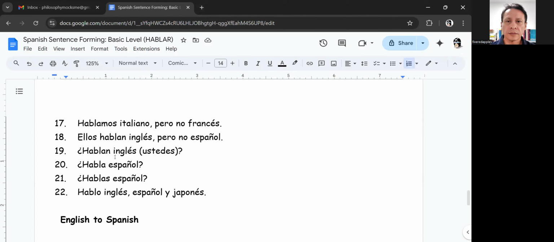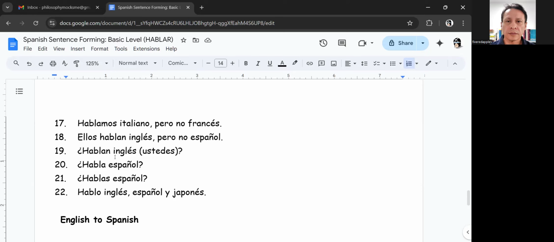Even if it's clear from context that you're addressing them, you can still say hablan inglés ustedes or ustedes hablan inglés with the right intonation. But hablan inglés is the more common way, without the ustedes. Throwing in the ustedes is not wrong, even if the context would be clear that you're addressing them.